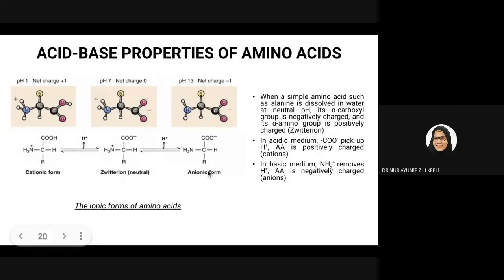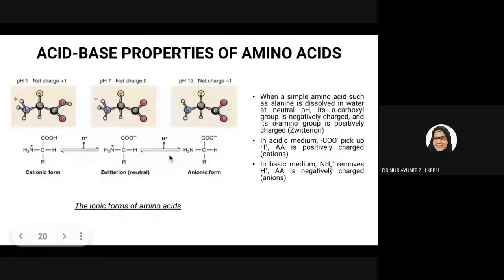When in basic medium or high pH, the amino group will remove the hydrogen ion, so it will become neutral, and the carboxyl will remain negatively charged.